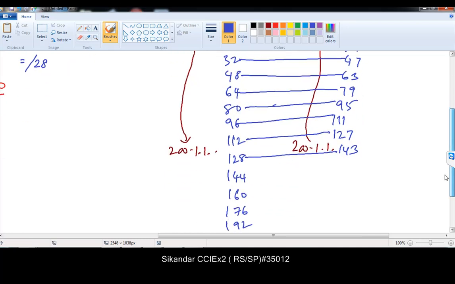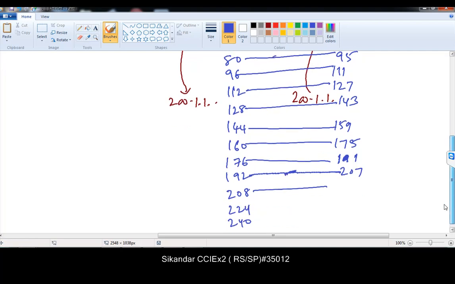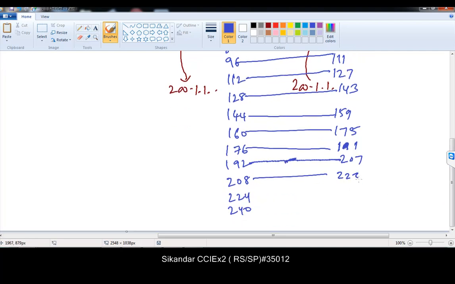So let's come down. 144 to 159 is another network, 160 to 175 another network. 176 to 191 is another network, and 192 to 207 is another network, 208 to 223 is another network, 224 to 239 is another network, and finally it is 240 to 255.